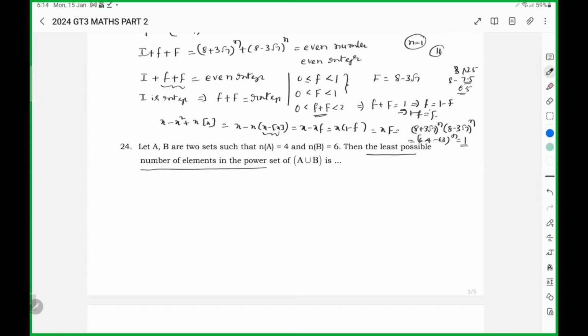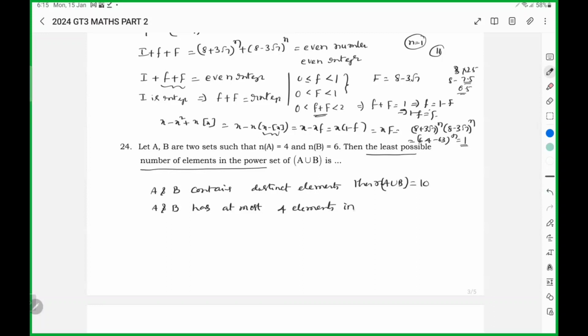Here, the least possible number of elements in the power set. A and B contain distinct elements, then A union B, the number of elements in this subset. From the given information, A and B have at most 4 elements in common.